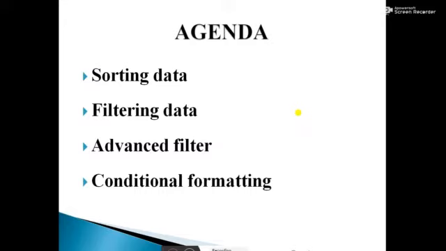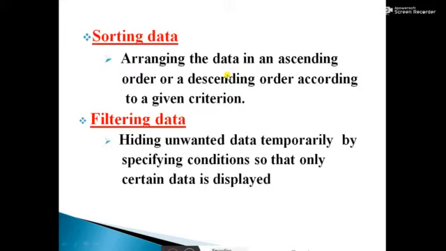So the first topic is what? Sorting the data. What is meant by sorting? Sorting is nothing but arranging the data in ascending order or descending order. You know, in mathematical concepts you have studied ascending and descending.